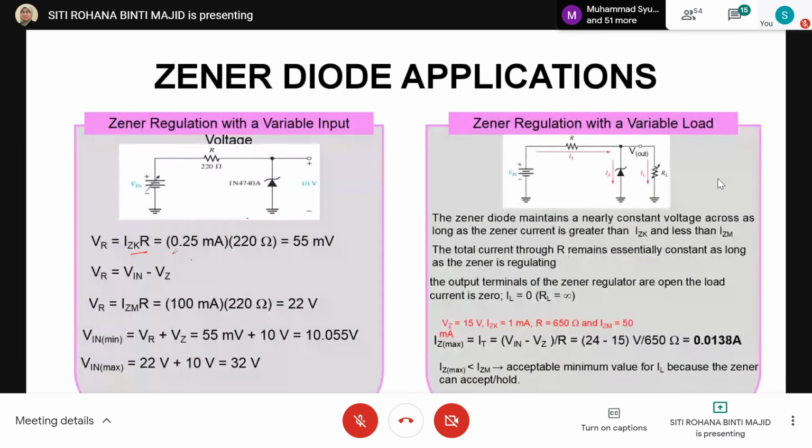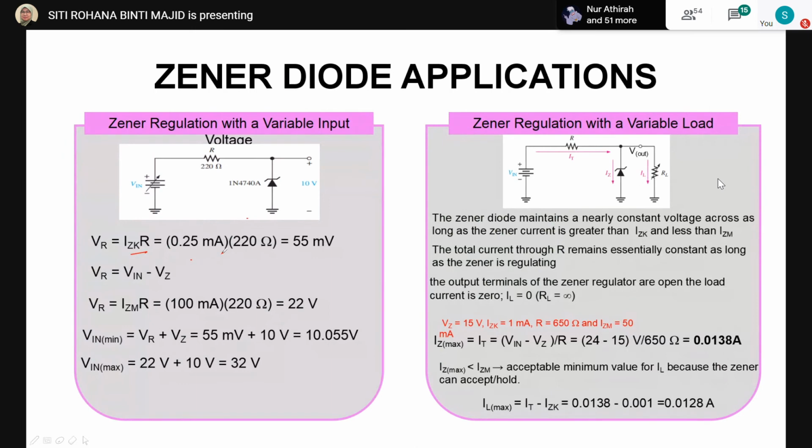Normally, IZK will be given in the question, because that is the characteristic of the Zener diode with this code. Then we plug in the value of the resistor, and we get the voltage for the resistor as 55 millivolts. We also can calculate VR as V in minus V Zener.